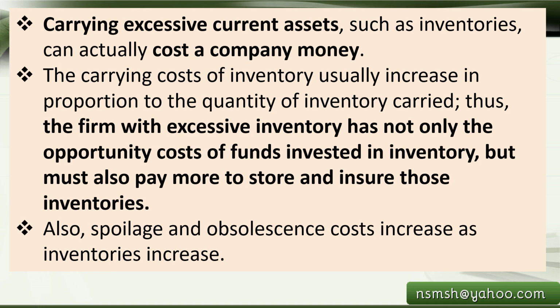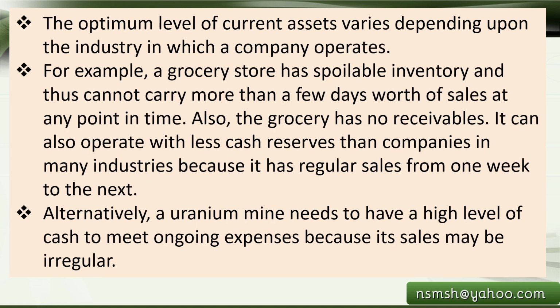Thus, the firm with excessive inventory has not only the opportunity cost of funds, because the alternative usage of the funds blocked in inventory would be better, but must also pay more to store and insure those inventories. So there is a carrying cost involved, as well as storage cost and insurance cost. Also spoilage and obsolescence costs increase as inventories increase too much.